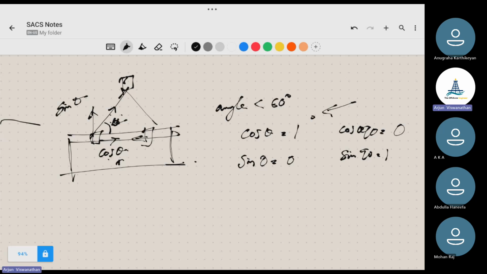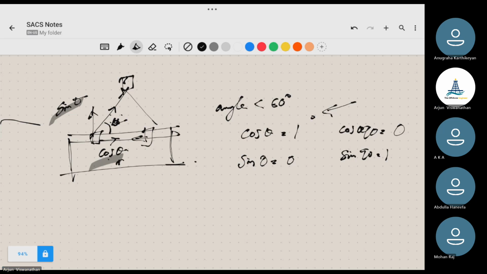Did you get it? These 2 points? Sine and cos components happening? Okay, so just understand we have two components.